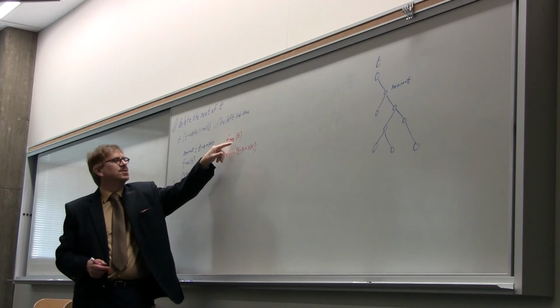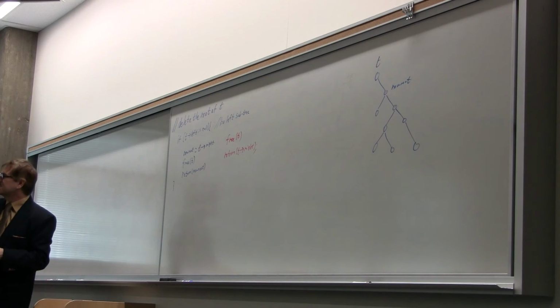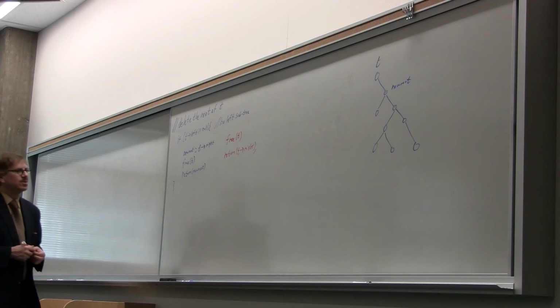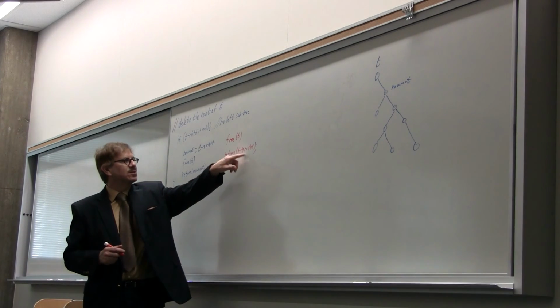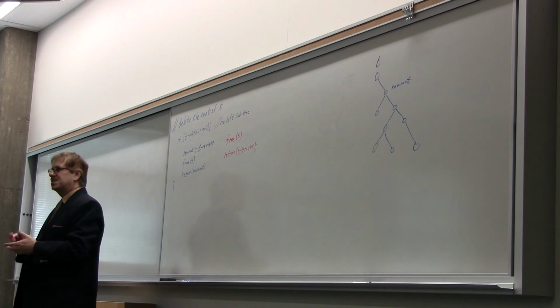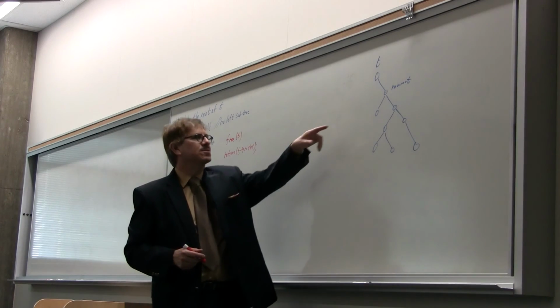The moment you free t, the thing that it was pointing to might get used for something else. That's what freeing does. It says make this memory available for other applications. And even though the next thing I do is I try to access the right child of t, t could have changed in between there.